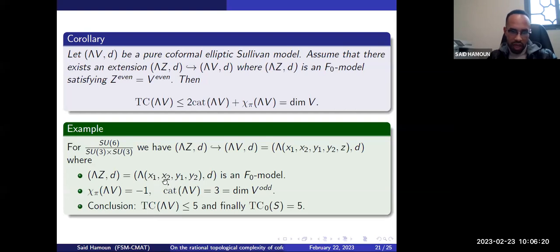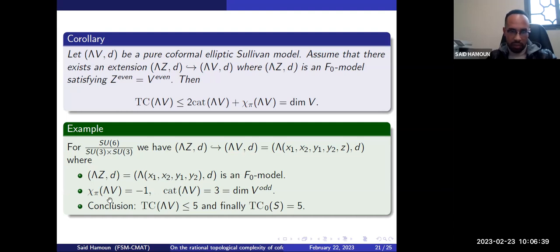And the number of generators of even degree is as much as the number of generators of odd degree, which means that lambda Z is an F0 model. And then we can apply the previous result.